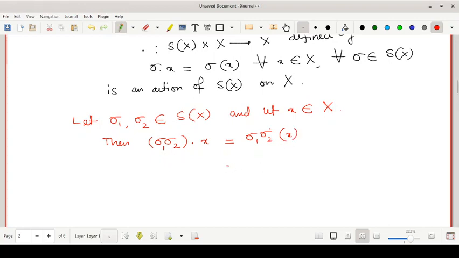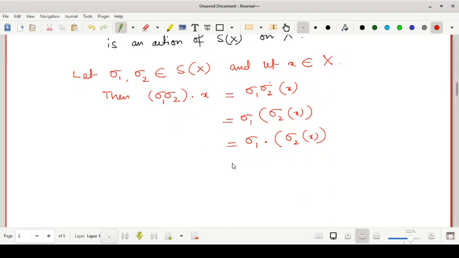Correct? By definition, this is sigma 1 of sigma 2 of x. That is the definition of composition. This is equal to sigma 1 acting on sigma 2 of x. But sigma 2 of x is nothing but sigma 2 acting on x. So it is sigma 1 acting on sigma 2 acting on x. So the first condition is verified.